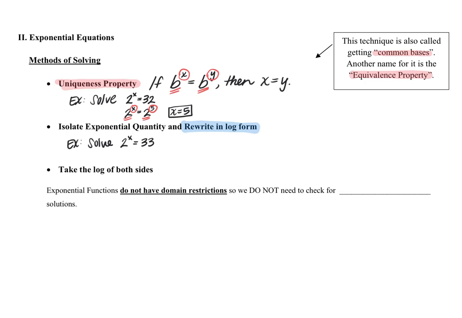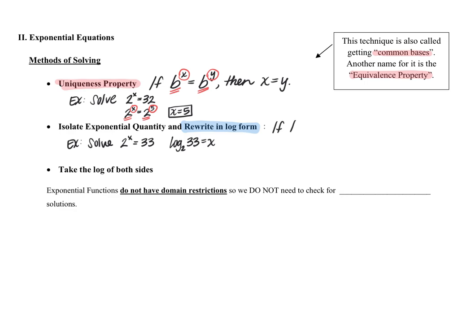So to solve this, we write this in log form, which would be log base 2 of 33 is equal to x. We solve for x, the exponent, by rewriting the equation in logarithmic form. Written out, this would look like this.